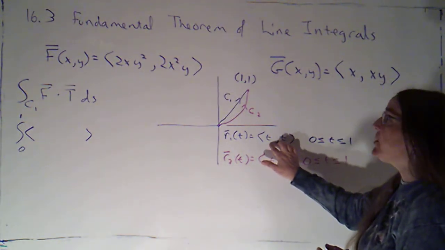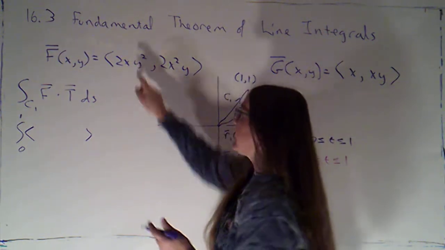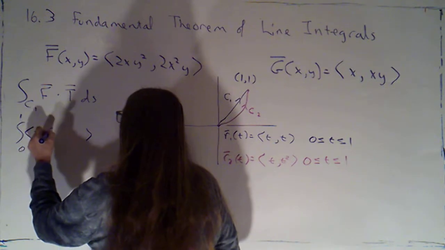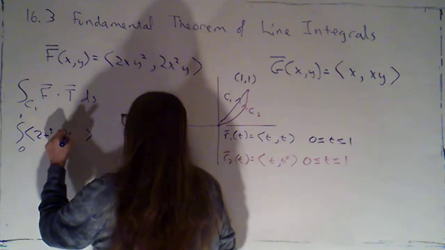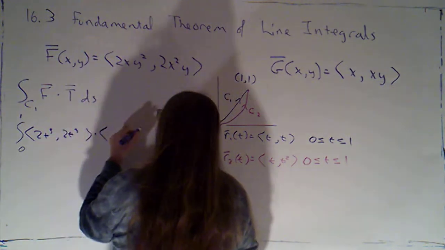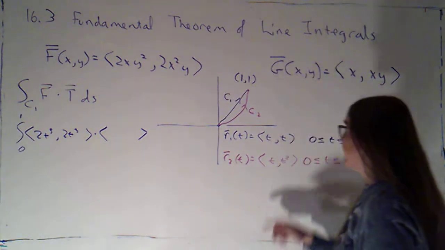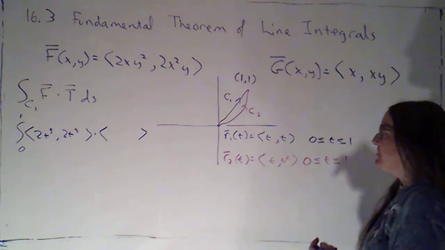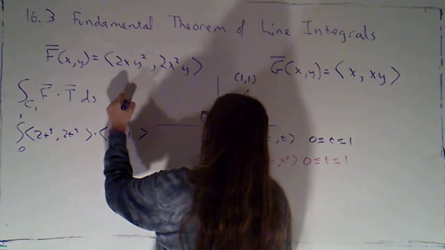So x and y both just become t. So this is going to become 2 times t squared is 2t cubed, comma, 2 times t squared times t is another 2t cubed, dotted with, now what goes here is r1 prime. Well, if r1 was just t, t, r1 prime is just going to be 1, 1.